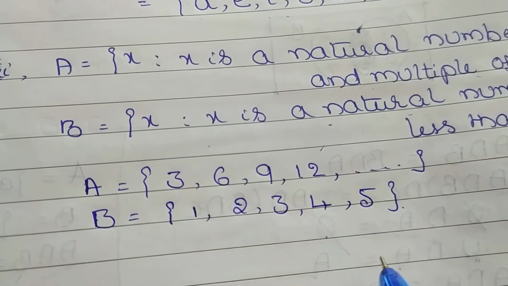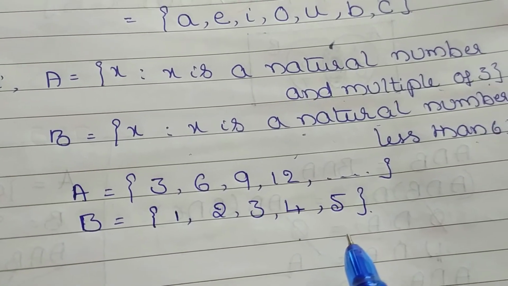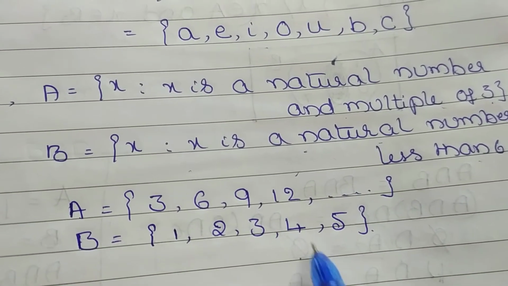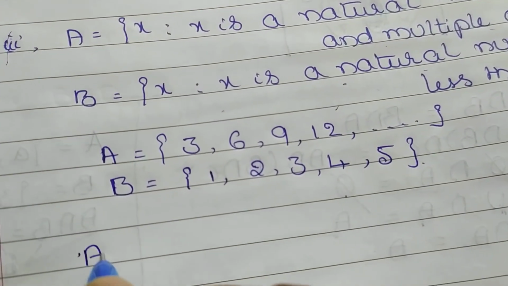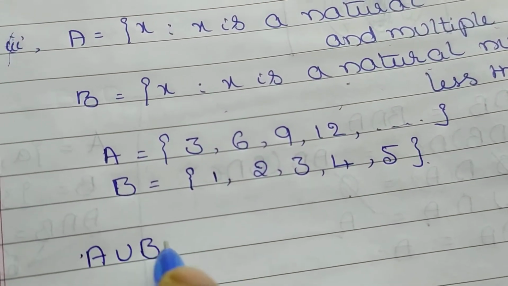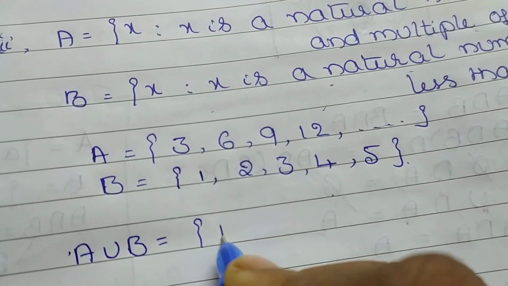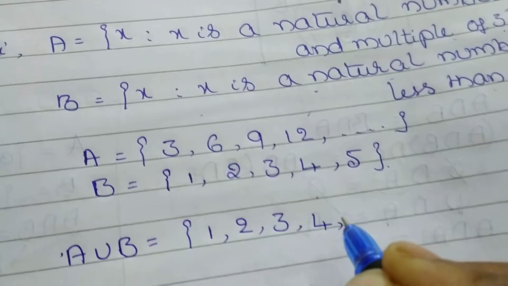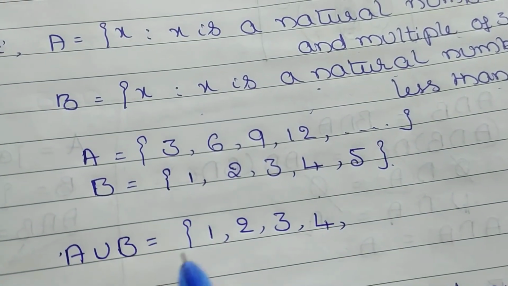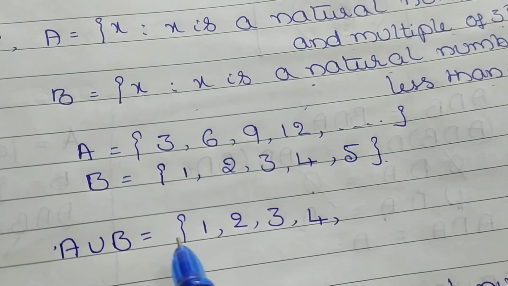Now we should calculate A union B. So A union B equals to, what will you be getting? 1, 2, 3, 4. If you want, we will write the sets, or otherwise you can write directly.